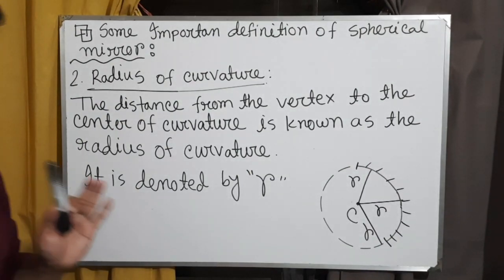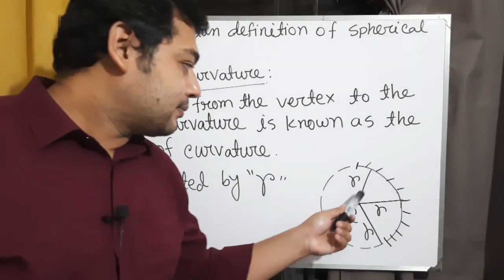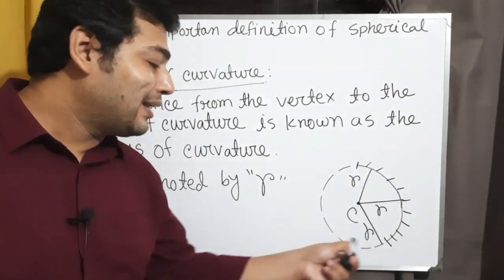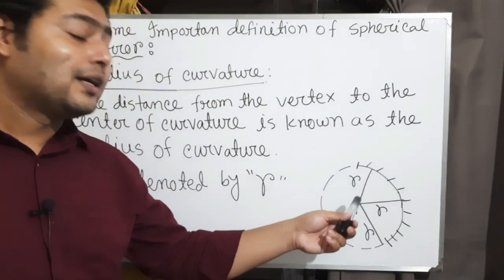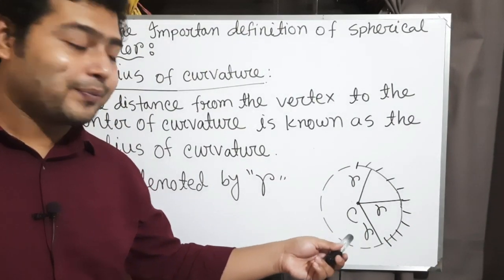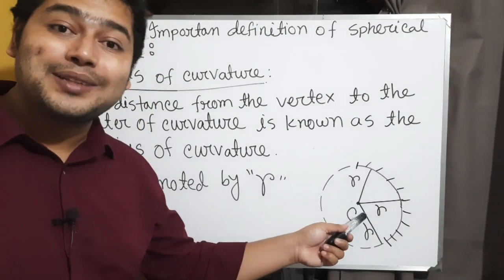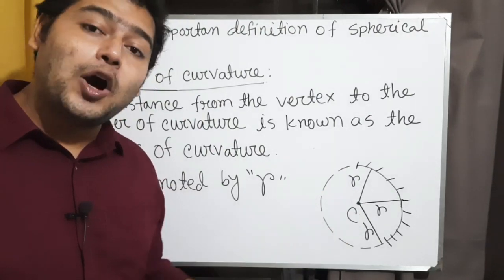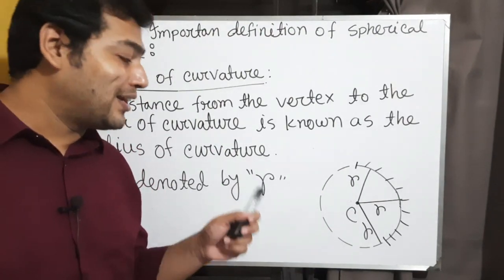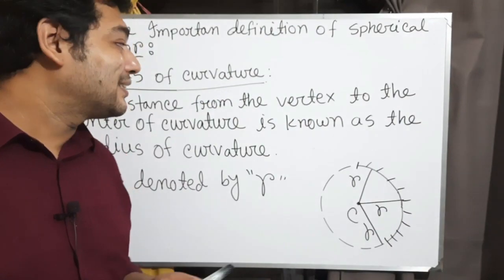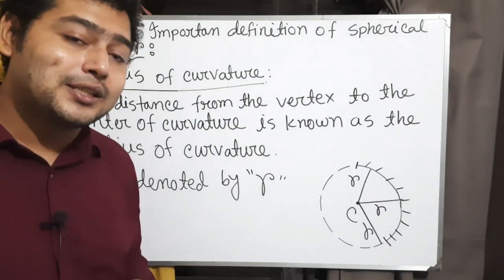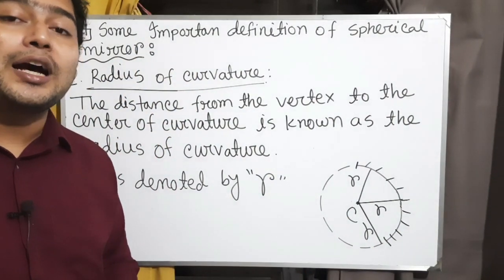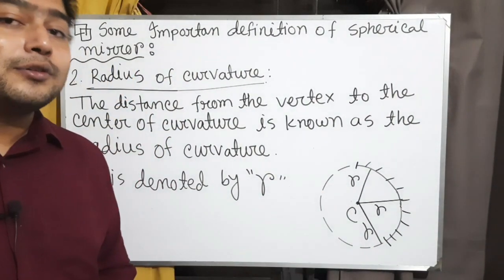Simply put, for a spherical mirror we use a hollow sphere. The center of this sphere is our center of curvature, and any radius of this sphere is our radius of curvature.